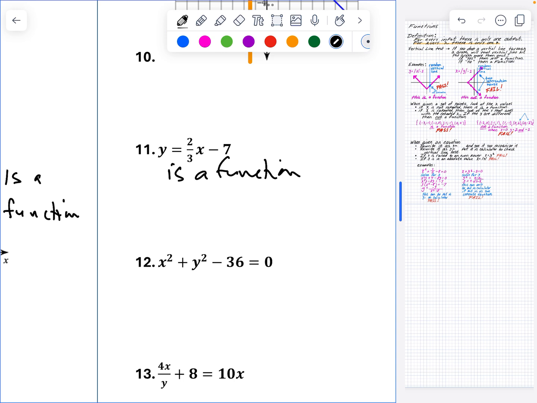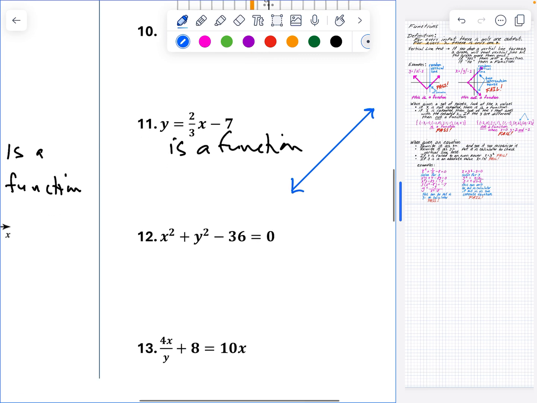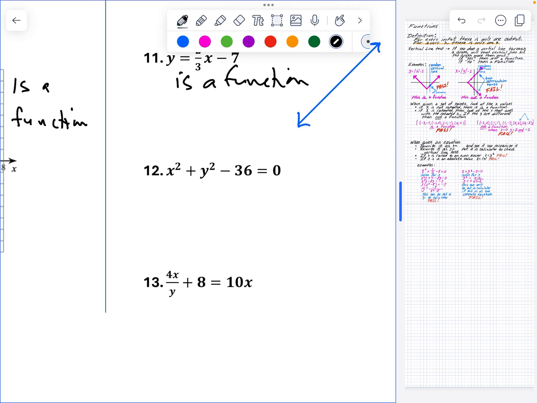If you graphed it, it would be a graph of a positively sloped line. That is a function. This is not a function, and it is not a function because of that right there. That's what makes it not a function. It makes it not a function because the y has a second power.